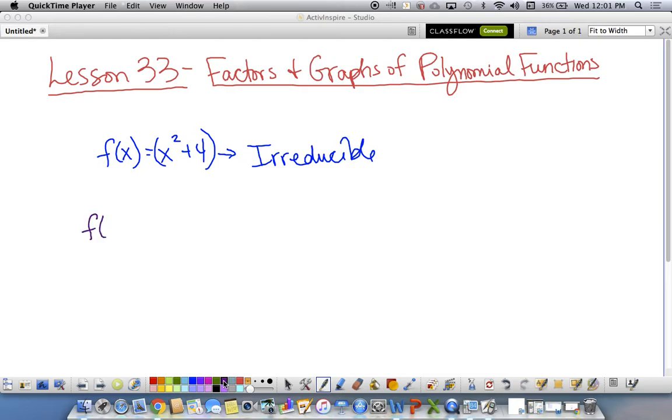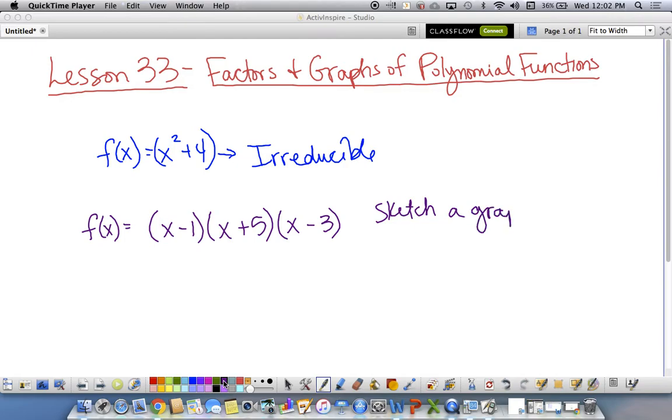If f of x equals x minus 1 times x plus 5 times x minus 3, can you sketch a graph? Okay, this we have done before.